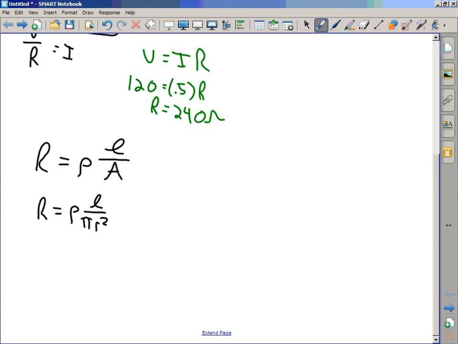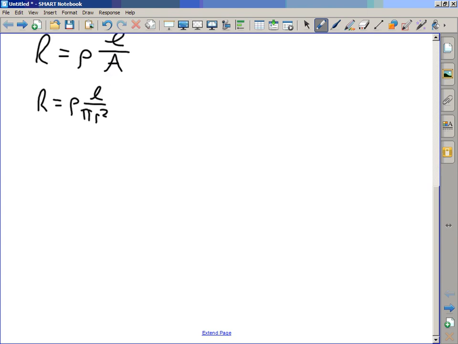I'm going to solve this with just letters for now, if you don't mind. I'm looking for rho. So rho is going to equal pi, little r being radius squared, times big R being resistance, divided by the length of the wire.